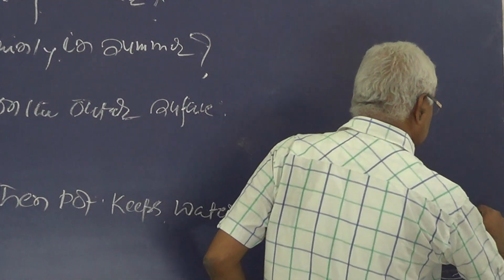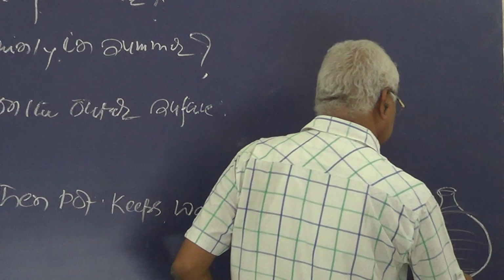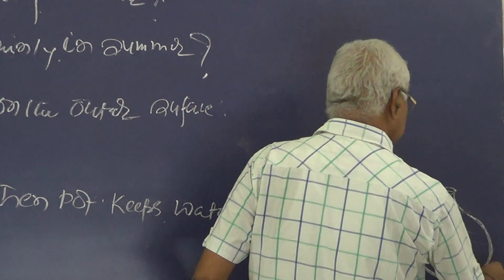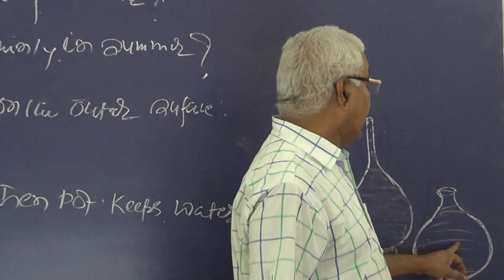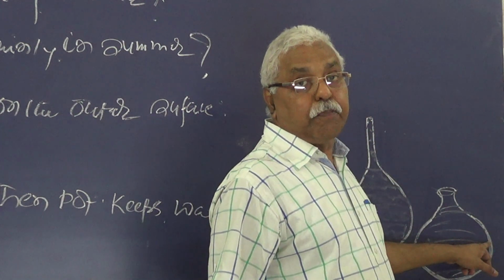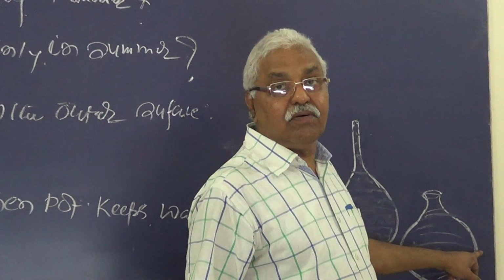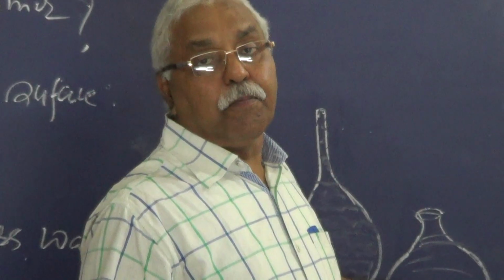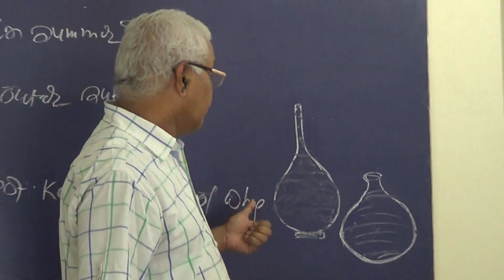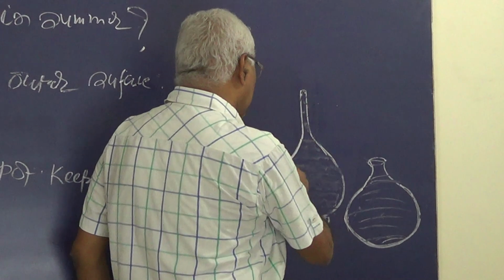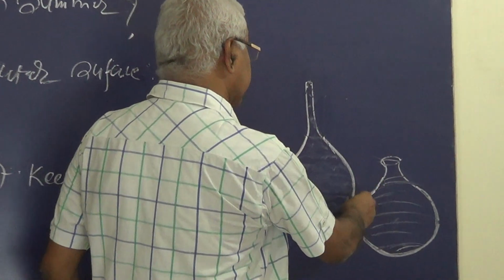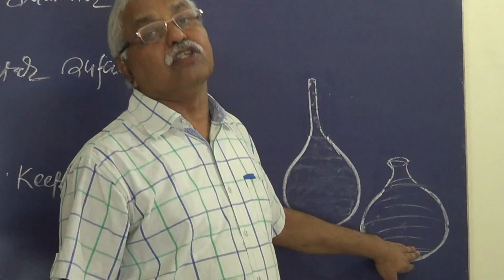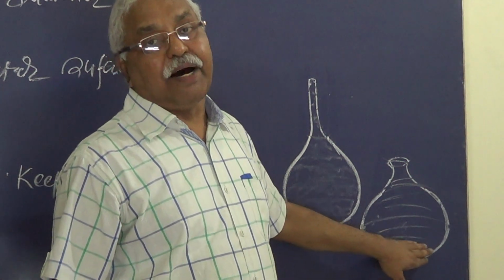Because the matka is made out of soil, it has more sand percentage. So the earthen pot absorbs the water which is contained in it. Earthen pot absorbs moisture. It absorbs the water contained in it.